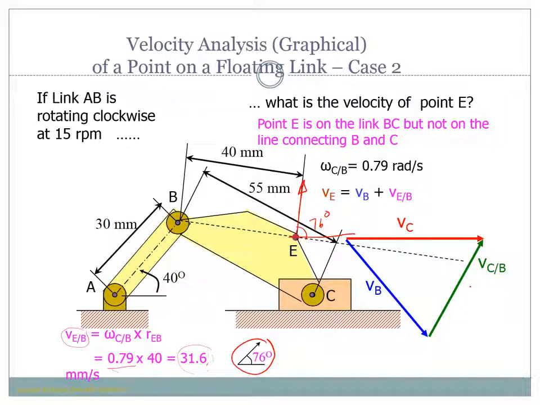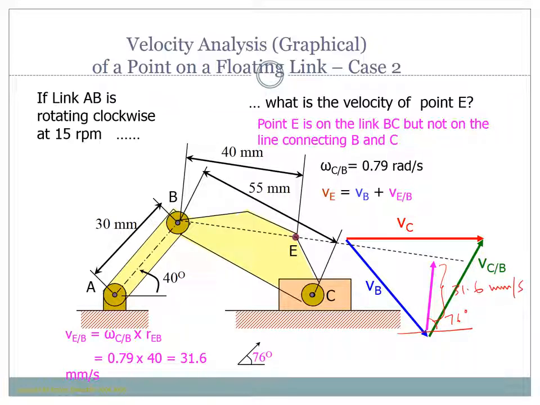How do you find that? Basically, you need to create a horizontal line, and find the angle relative to the actual horizontal line here. So now this is at 76 degrees, and we measure 31.6 millimeter per second.